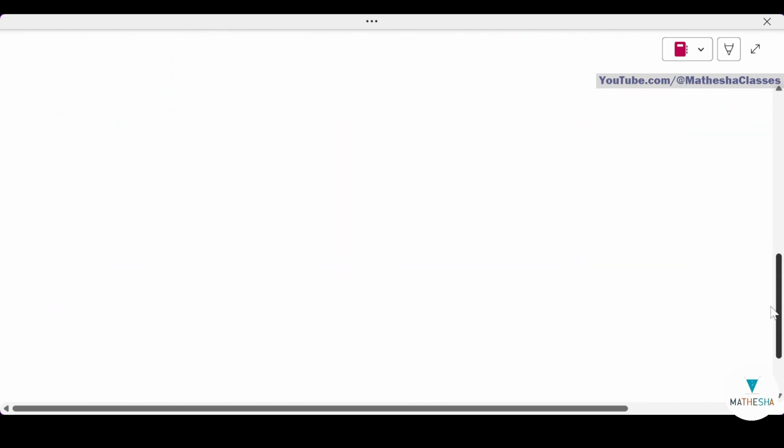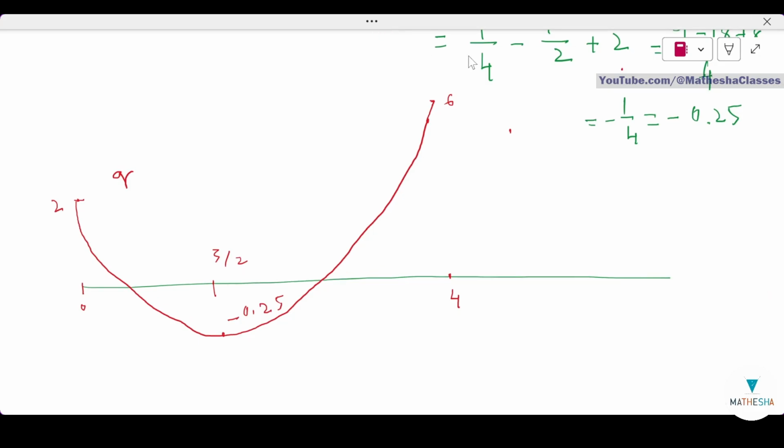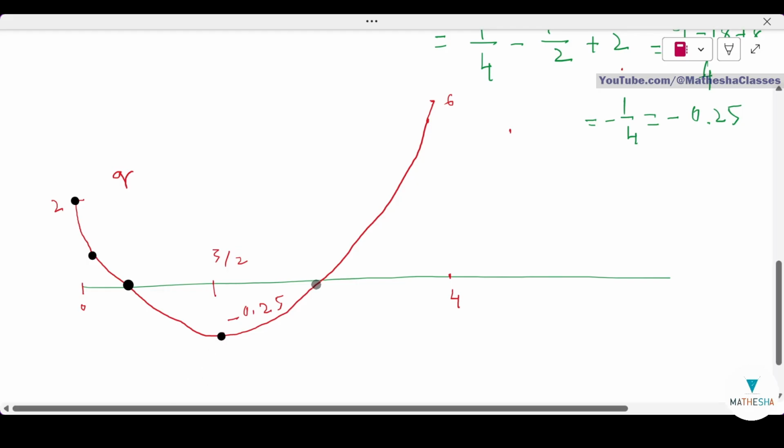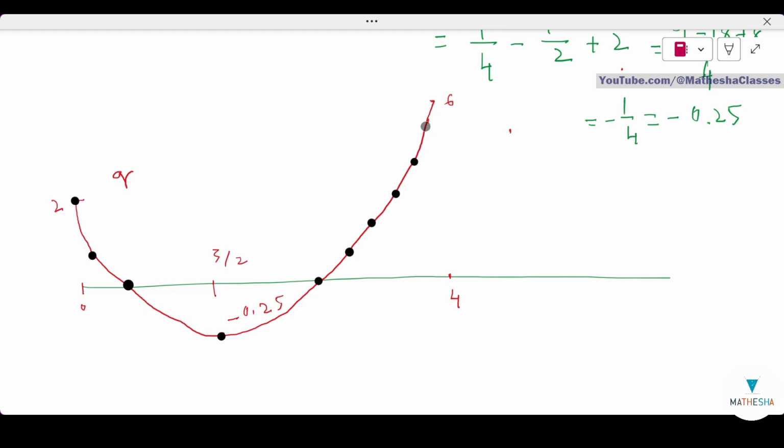Okay, so let us look into the function g first carefully. So g starts with 2, it will come down to 1 at some point, then to 0, then lowest at minus 0.25, then it will go up once again, meet 0, and then 1, 2, 3, 4, 5 and 6.